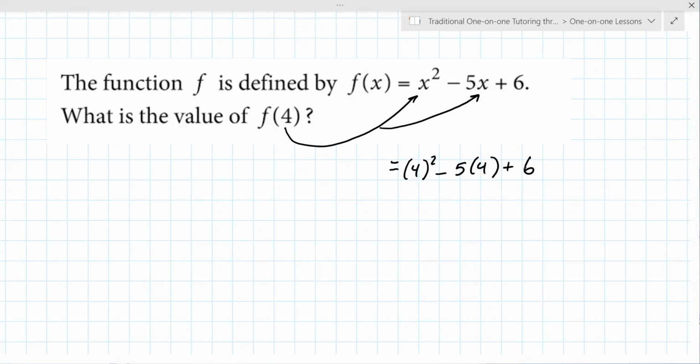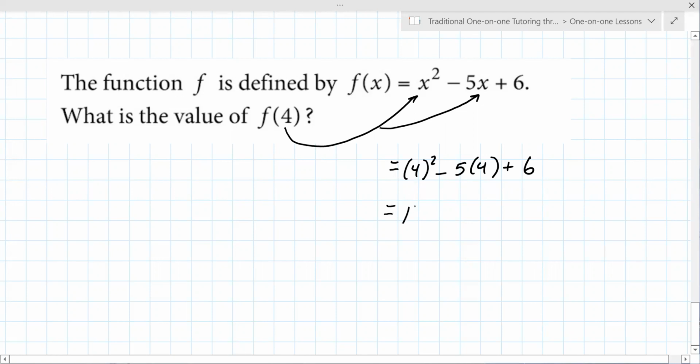Okay. Let me just write all this down and then we can figure it out. So you want to proceed? Yeah, I want you to try working it out from here. You're going to square the 4. You're going to multiply 5 times 4. And then you're going to combine. So what is 4 squared, Sourish? 4 squared.